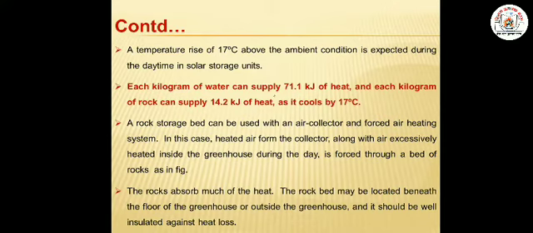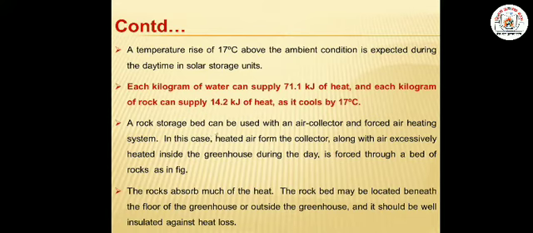So you have to remember these figures. Each kilogram of water supplies 71.1 kilojoules of heat, whereas each kilogram of rock supplies 14.2 kilojoules of heat when it cools by 17 degrees centigrade.